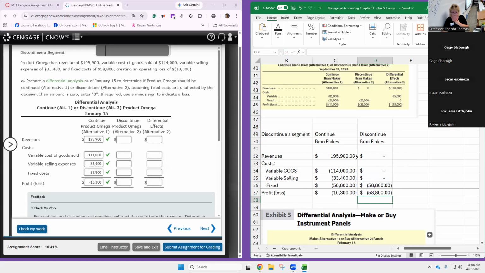The differential based on the discontinuing option. So the differential effects, that's what they call it.